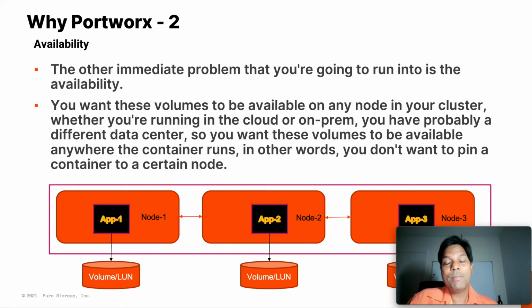It sees the same persistent volume claims. That's exactly what I wrote here: the immediate problem you're going to have is availability. You want volumes to be available on any node in our cluster, whether you are running in the cloud or on-prem, perhaps across different data centers. You want these volumes to be available wherever the container goes, right? So that's another instance where we need the storage to be virtualized for Kubernetes.